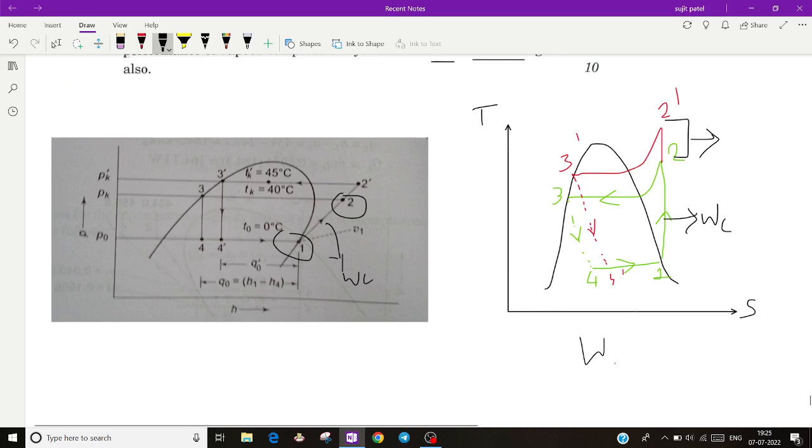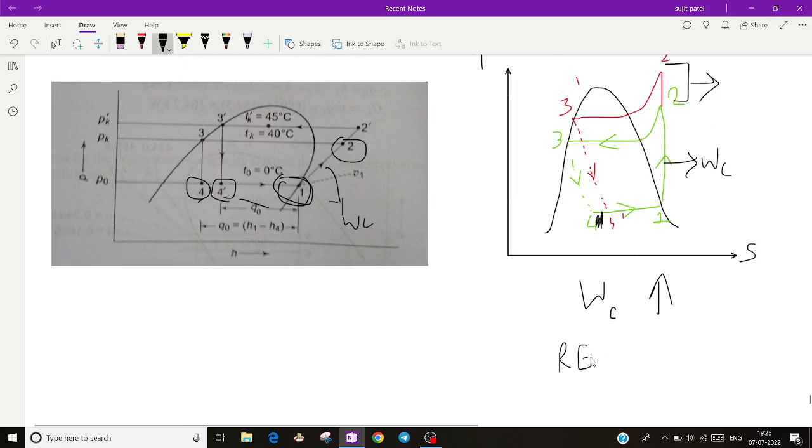So compressor work is going to increase, and the refrigeration effect, initially 1 to 4, is now 1 to 4 dash after the increase in temperature. You can see that this much amount of refrigeration effect has decreased.